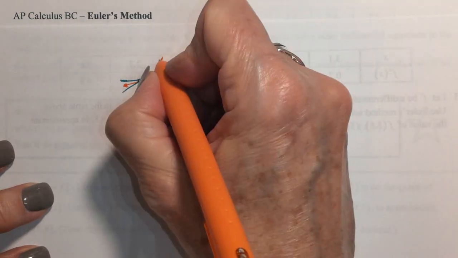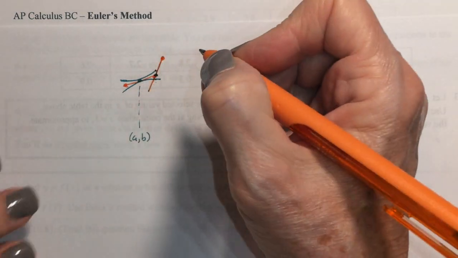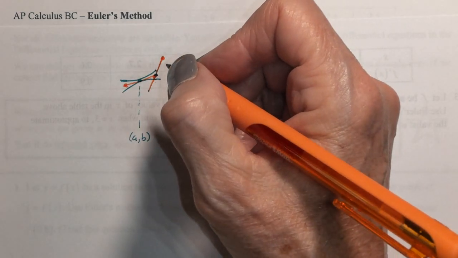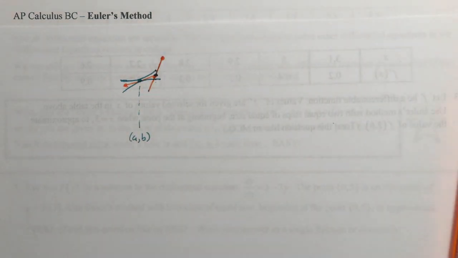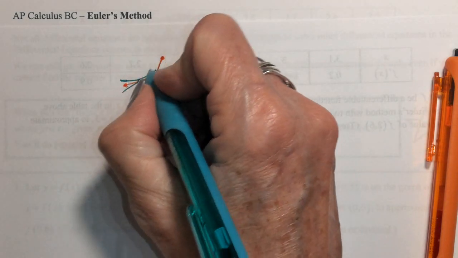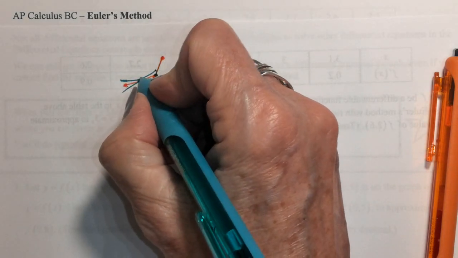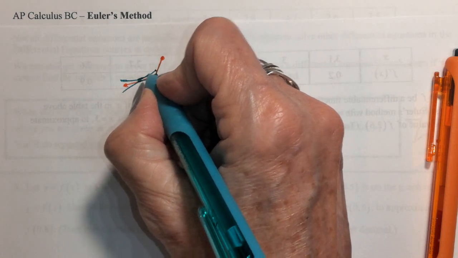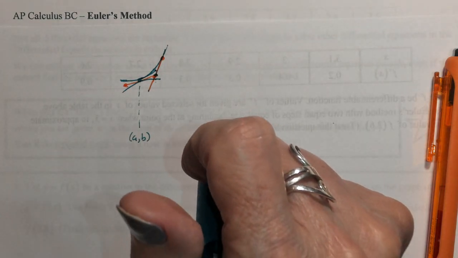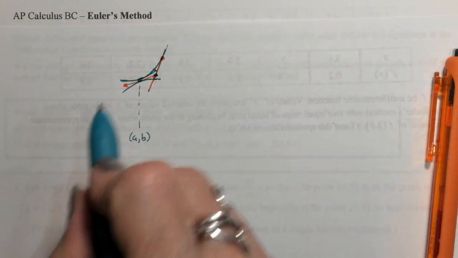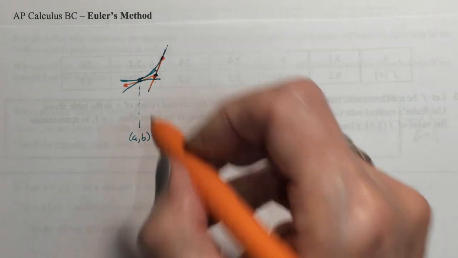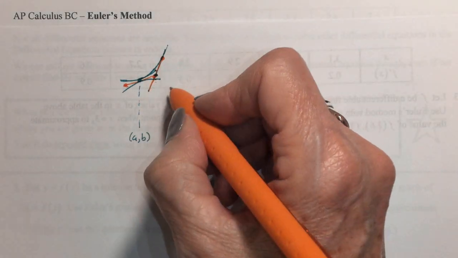So again, we can find points on this curve that are going to approximate values of the function. That would tell me that clearly the curve does not look like this. The curve probably looks like that, and then after this point, it gets steeper. Something like that.